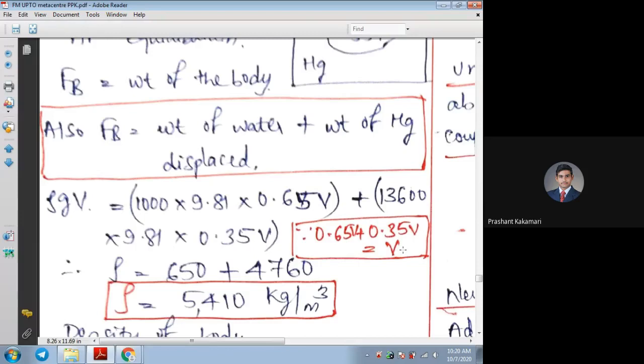So all of you again apply the buoyancy law. The total weight of the given stone: the weight of the stone is not given here, but indirectly we can find out the weight of the water and the weight of the mercury, how much it is. Then we can equate it to the total force developed by the buoyancy.